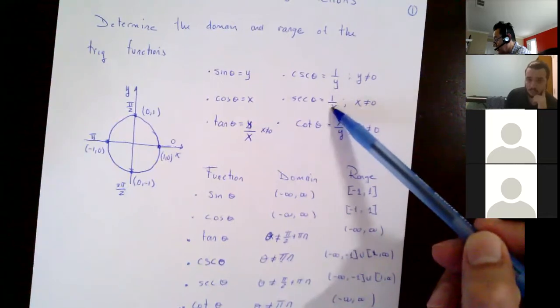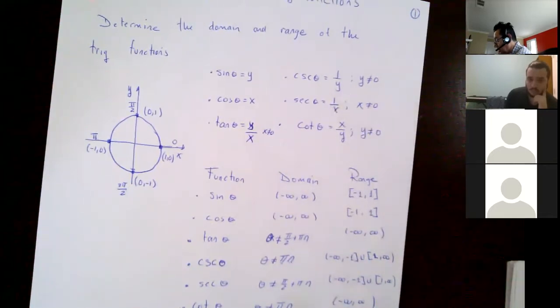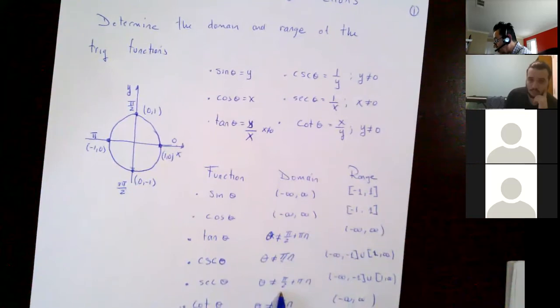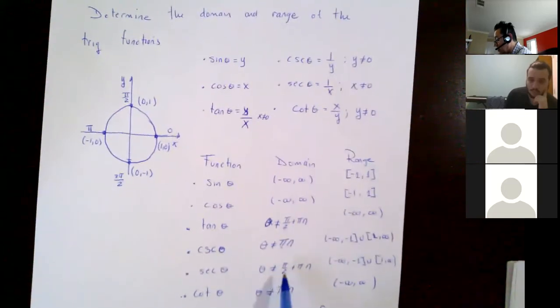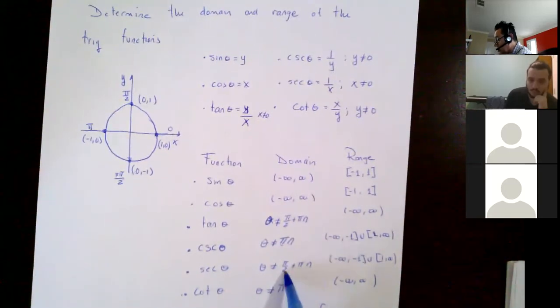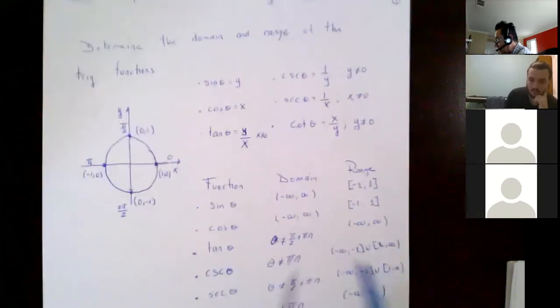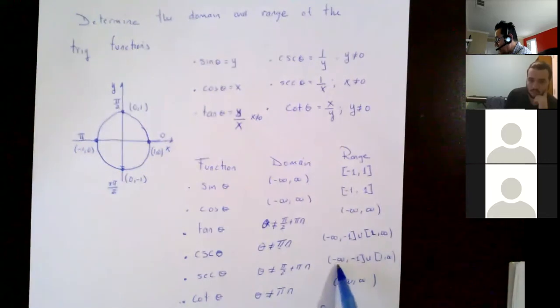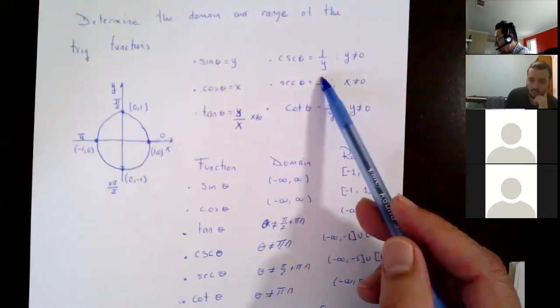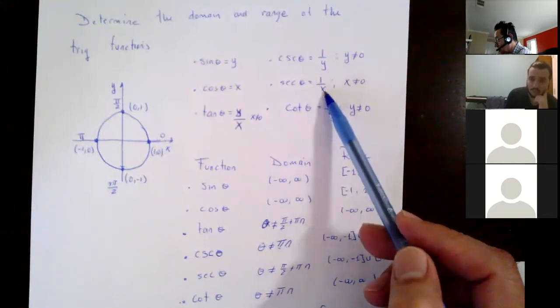For the secant, the domain is all the numbers except odd multiples of pi over 2, and the range is from negative infinity to -1, union 1 to infinity. Why again? Because the secant is the reciprocal of the cosine.